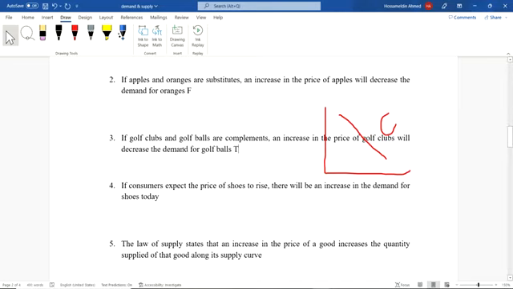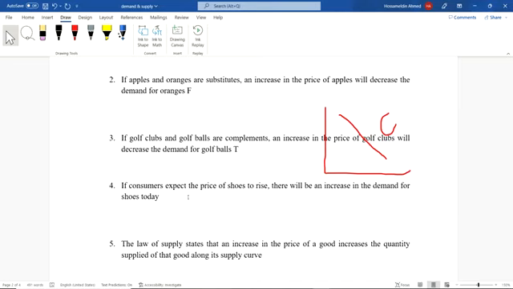Moving to number 4, if consumers expect the price of shoes to rise, there will be an increase in the demand for shoes today. Exactly right. One of the main factors affecting the demand for goods other than price is consumer expectations about future prices.